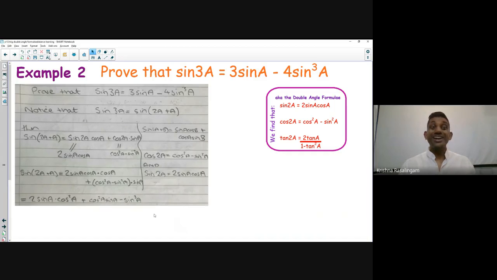I've got sin 2A, then I've recognised that as 2 sin A cos A. Cos 2A is cos squared A minus sin squared A. Because we want to have the angles the same throughout the equation.